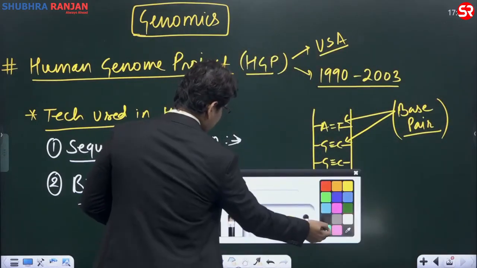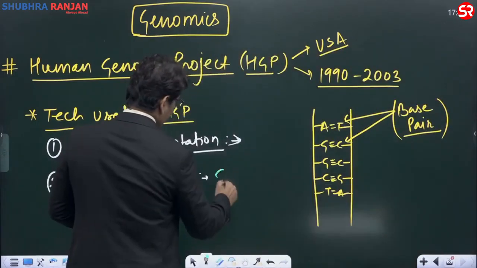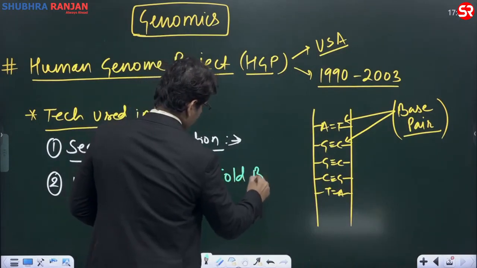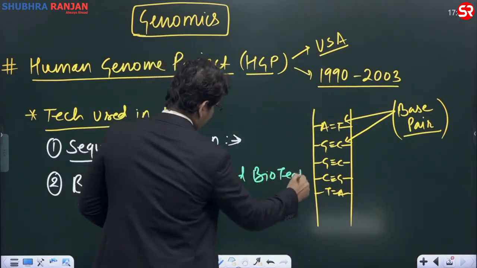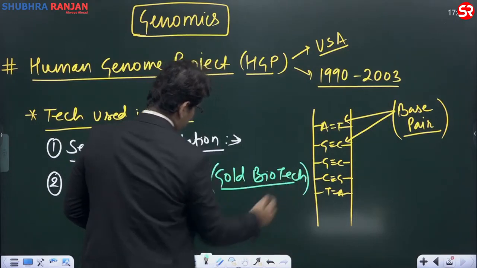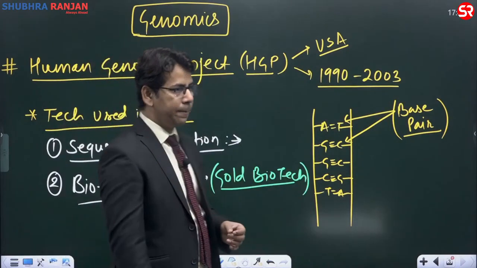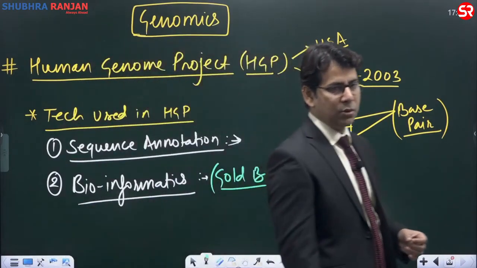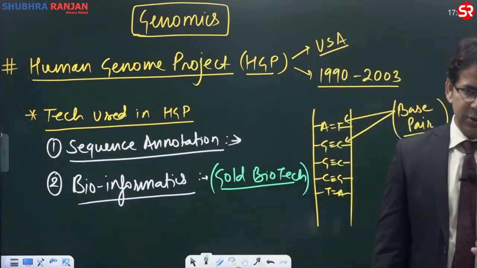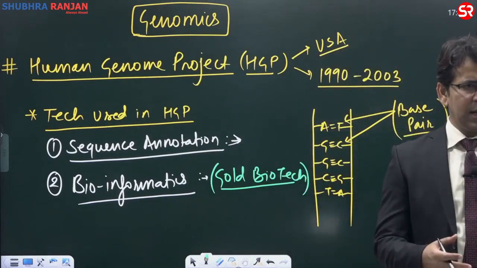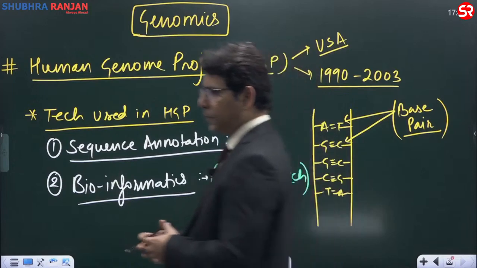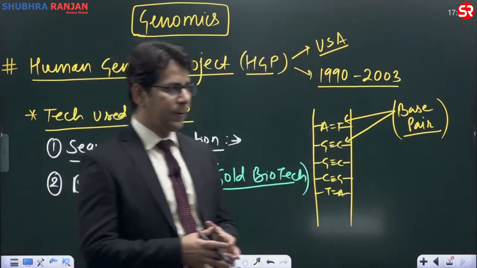This is known as gold biotech. This is so valuable. Bioinformatics was given a separate name, and it is known as what? Gold biotechnology, just because it has lots and lots of importance nowadays.